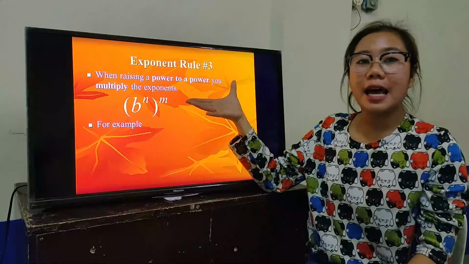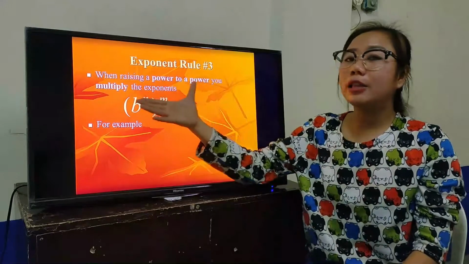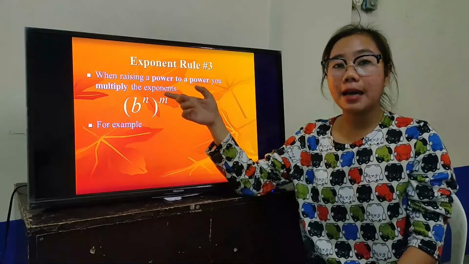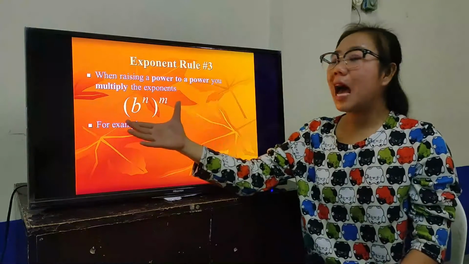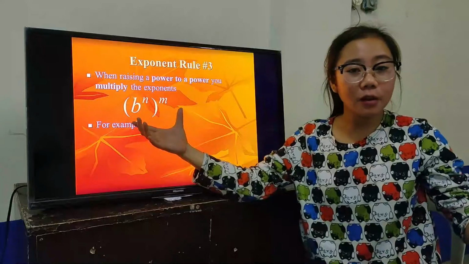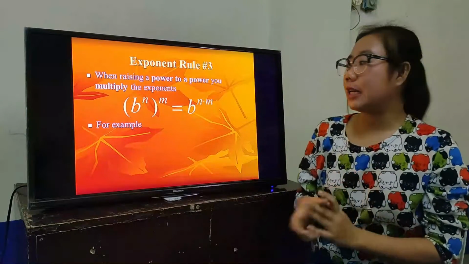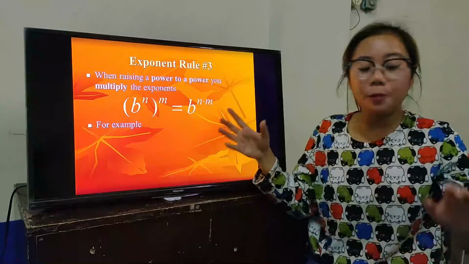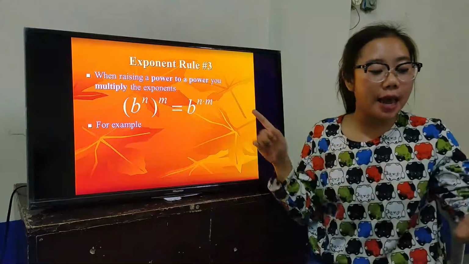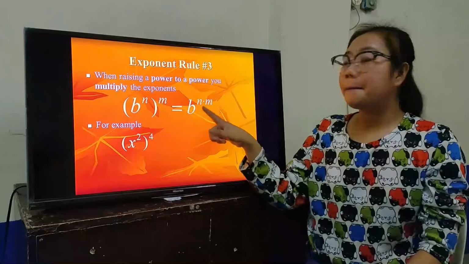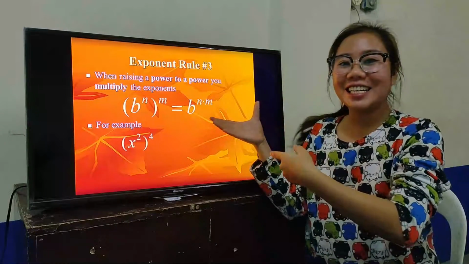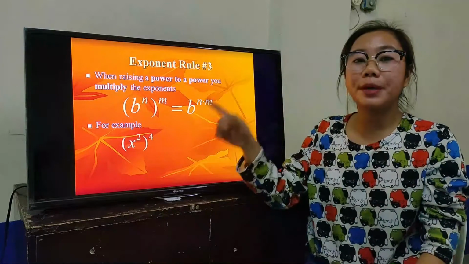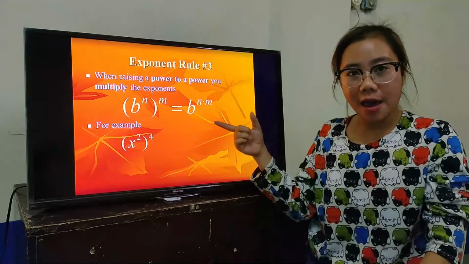According po dito sa ating rule number 3, when raising a power to a power, you multiply the exponents. Because we have a variable here, pagsasamahin lang po natin sila. So, b raised to n times n equals b raised to n squared.